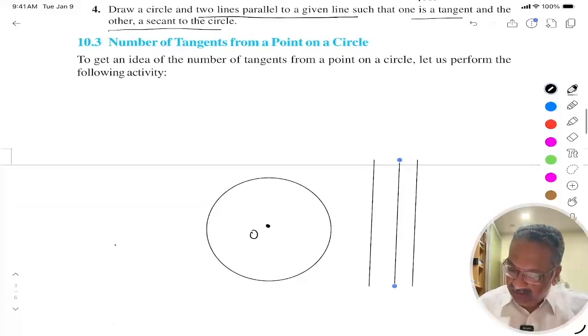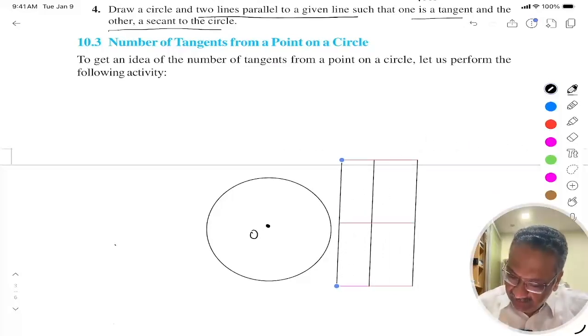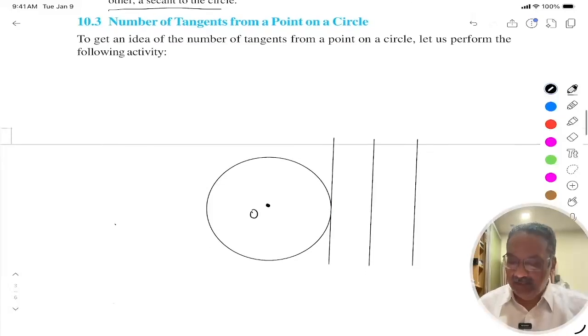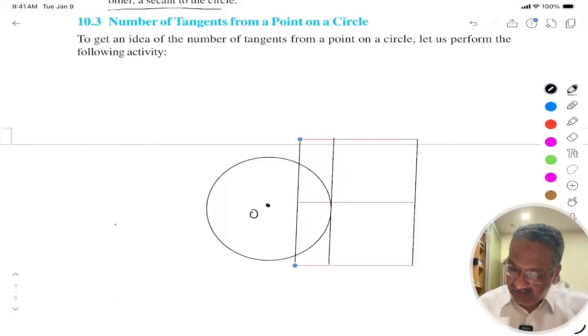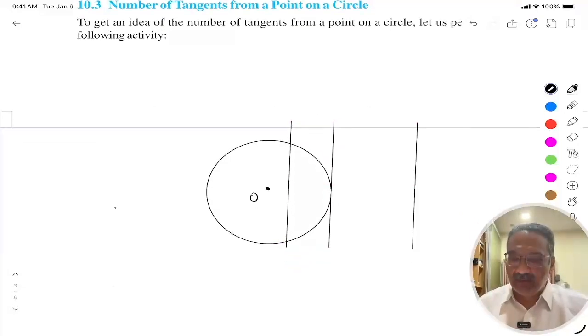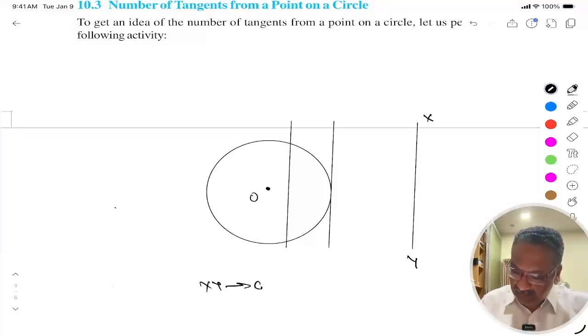A tangent touches the circle at one point only. A secant touches the circle in 2 points. Correct? So see, these are the two lines. We can say that XY is the given line.